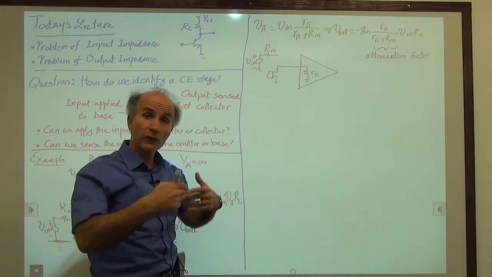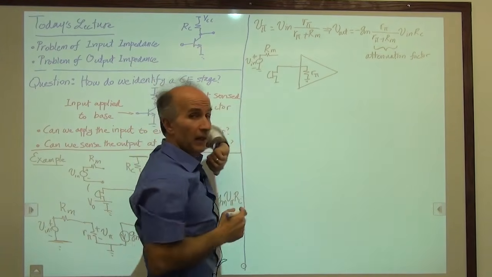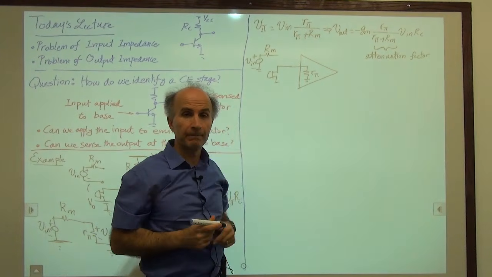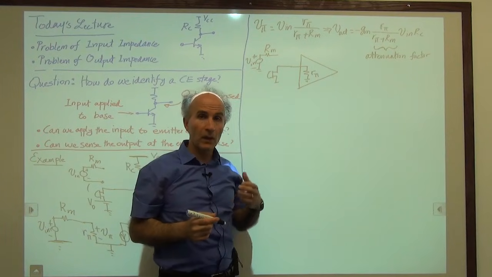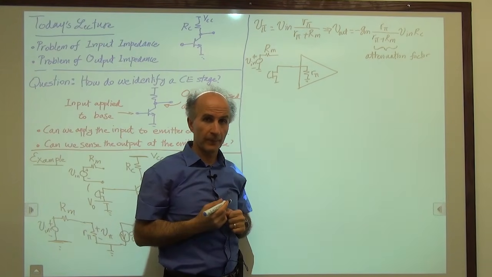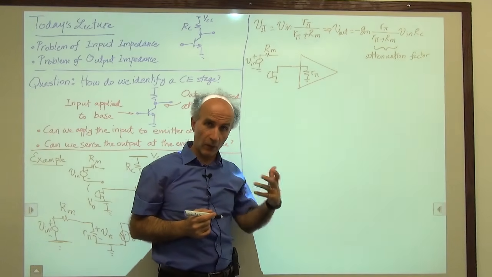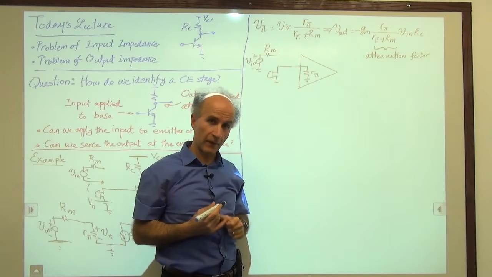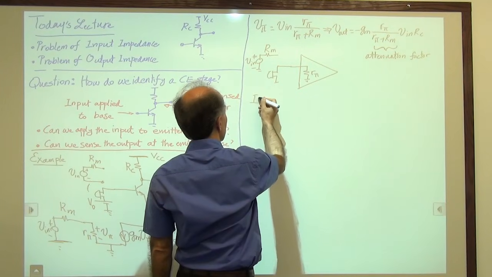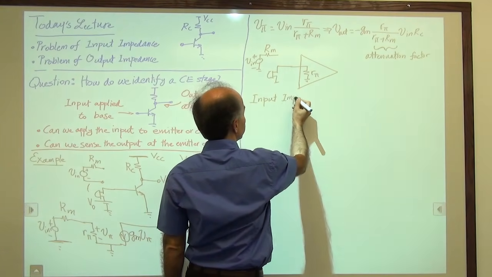And in addition to the voltage gain of the amplifier, when we buy this amplifier and it has a certain gain, we also need to know something about this resistance here. And this is what we call the input impedance of the circuit. So now we will define the input impedance carefully so that from now on we can measure it for any circuit that is given to us. So let's define the input impedance.